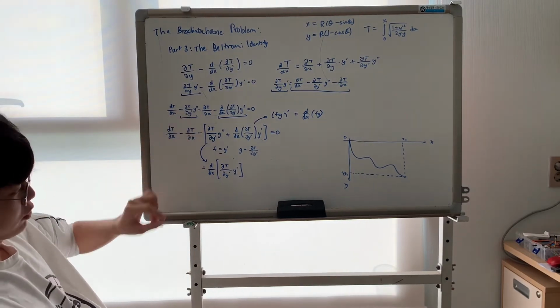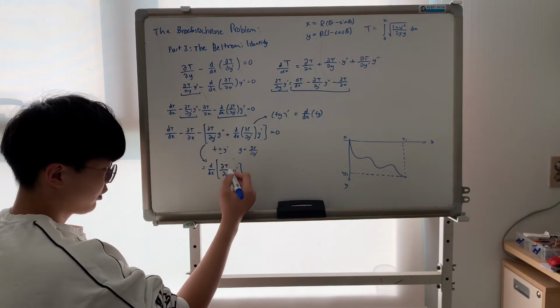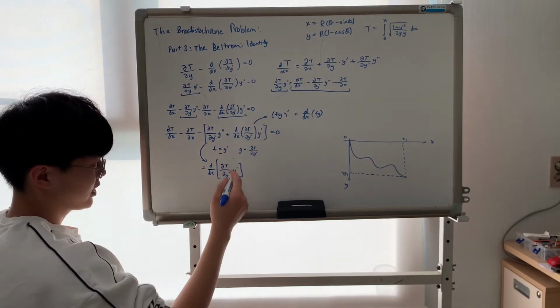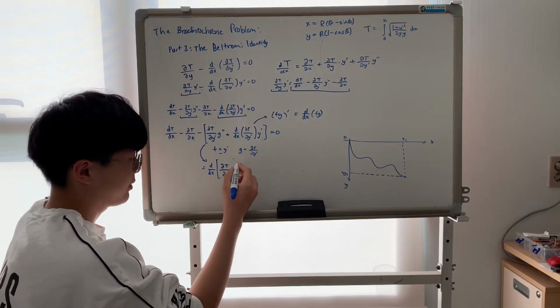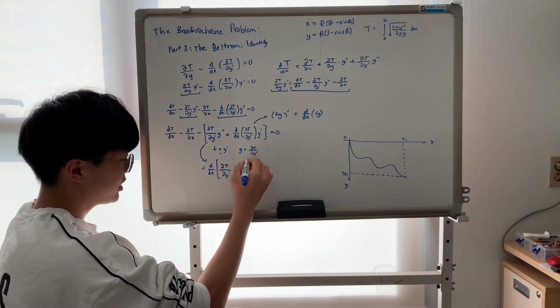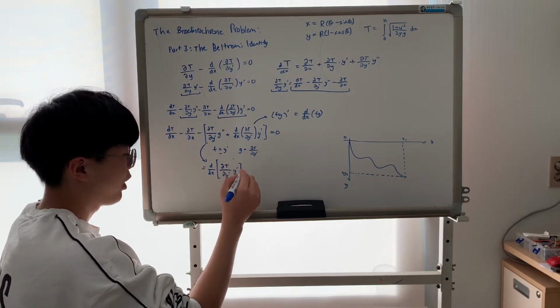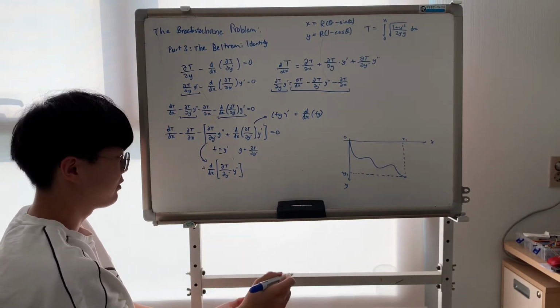When you apply the product rule, d over dx and prime are basically the same thing. So d over dx of partial t over partial y prime times y prime, plus, don't touch the first part, partial t over partial y prime times y double prime, because y double prime is the derivative of y prime.